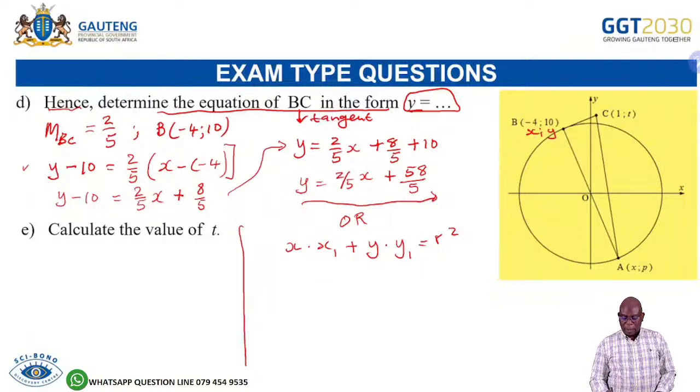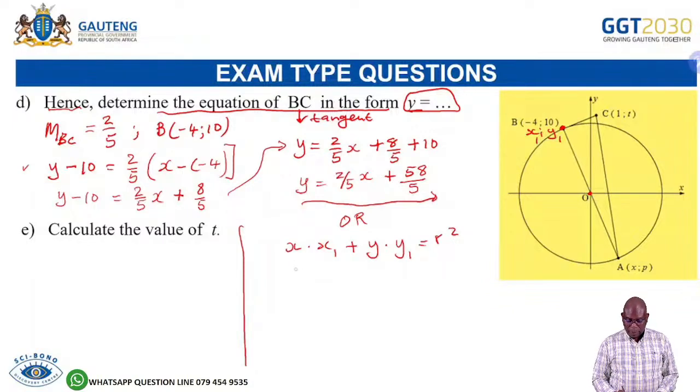So my x1 will be minus 4, my y1 will be 10. So I take the point on that, and the r squared is my radius. So I know what my radius is. Remember, my radius was square root of 116. Radius squared will be 116.